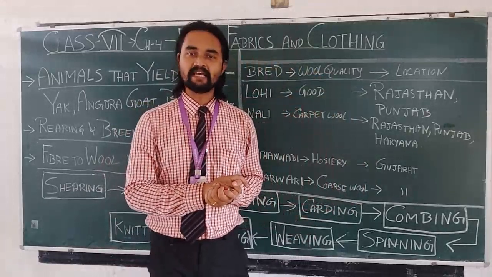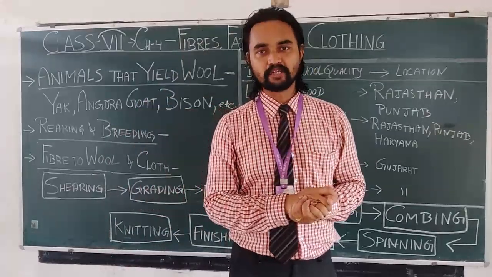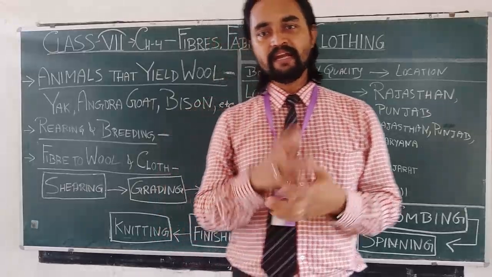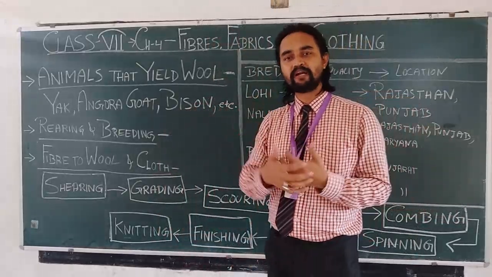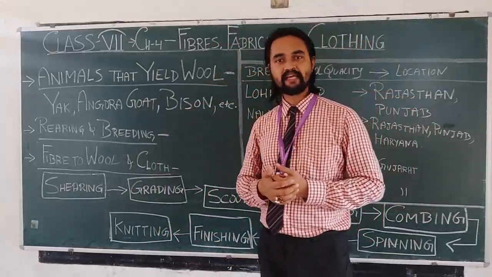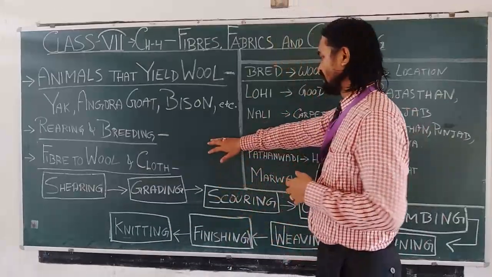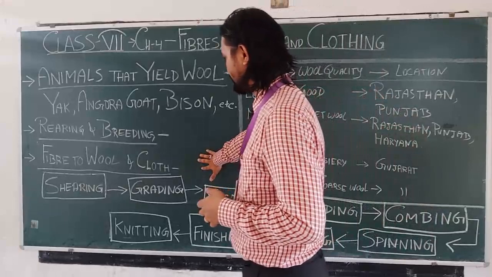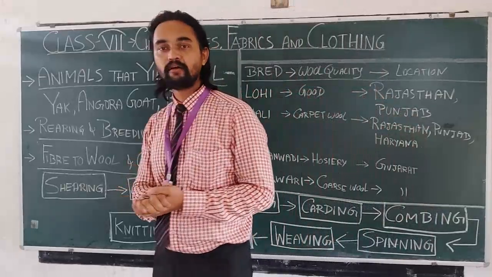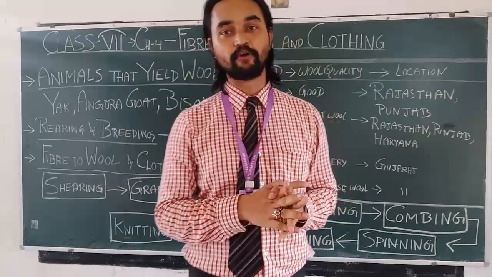This process is known as selective breeding. By this process we obtain different varieties and different quality, that means much better quality and much better amount of wool. Now our next step is how to make fiber from the wool.